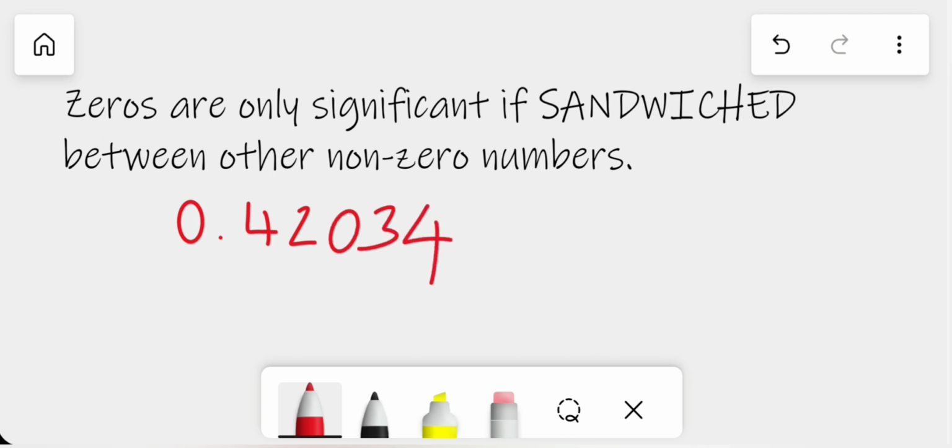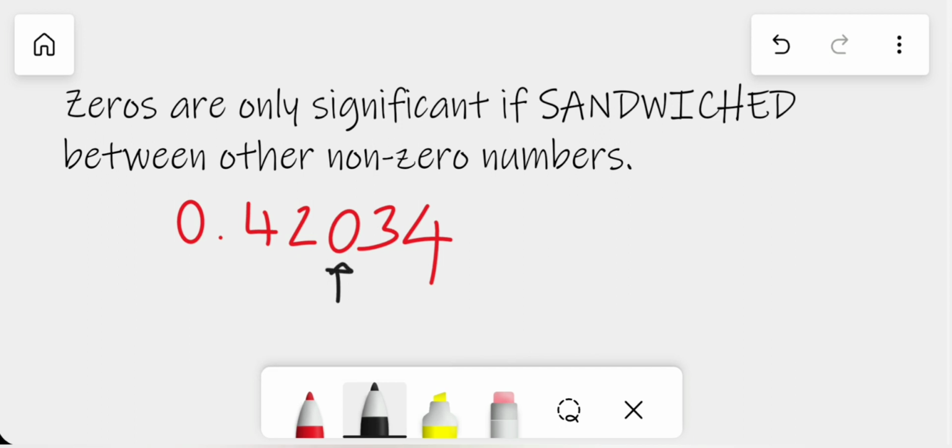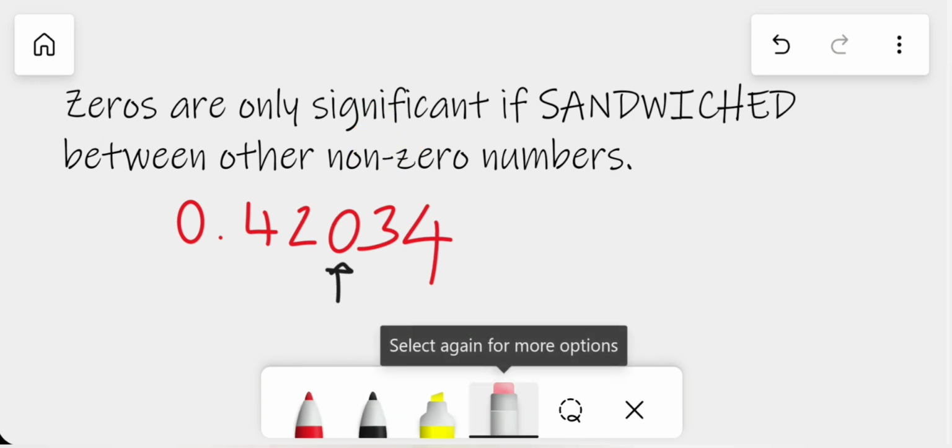0.420334. All right, so as you can see here, there's a 0 in the middle. First of all, the 0 that is at the end would be considered as not significant in this case, given that it's not sandwiched between anybody at this point. However, this 0 right here, given that it is sandwiched between the 2 and the 3, which are both non-zero, that will make it significant.